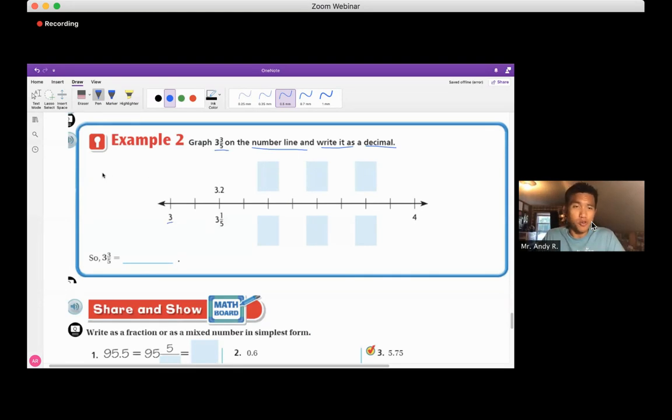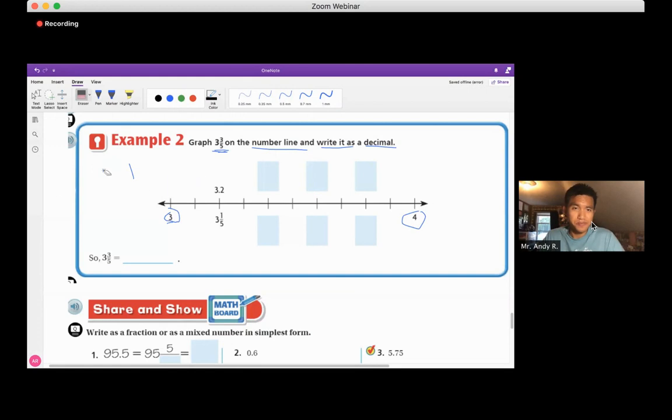Normally on a number line you would have the number 0 at the end or in the middle, but we won't have 0 over here. This number line starts at 3 and ends with 4.